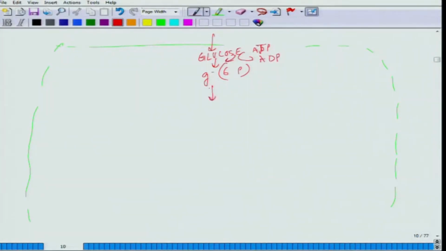From glucose 6-phosphate it forms fructose 1,6-bisphosphate. This step is also an energy requirement process, ATP to ADP. At this stage there are 2 possible fates.